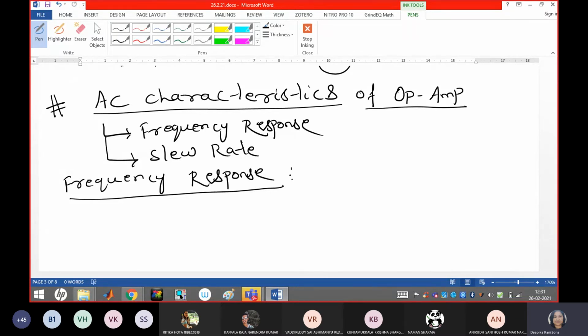If you apply the frequency and gradually increase it, you may notice that up to some range of frequency the gain will be constant for this operational amplifier, and after that cutoff frequency, the gain will start to decrease, which is called the roll-off factor, or we can say the roll-off effect.